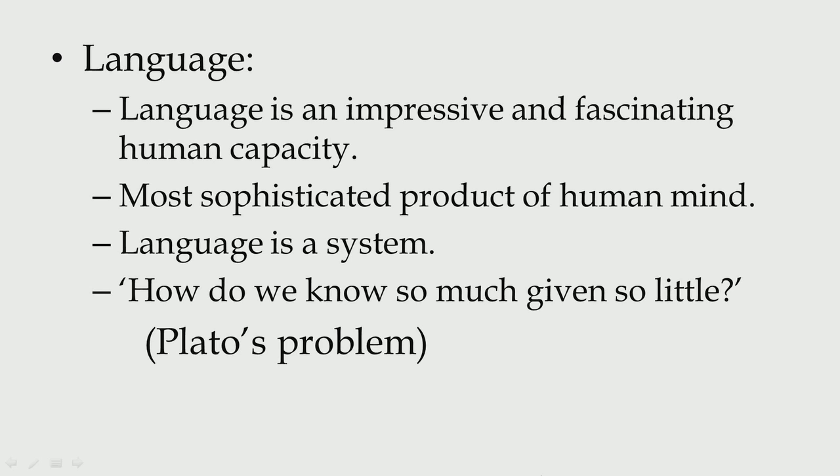It is not an ordinary thing. It is one of the most sophisticated products of the human mind. How it is one of the capacities of the human mind, we will look at in more detail. However, what we have seen so far is that it is indeed one of the most sophisticated products of the human mind.